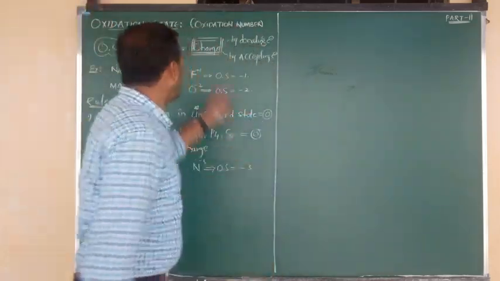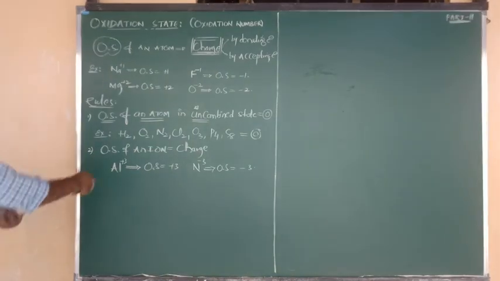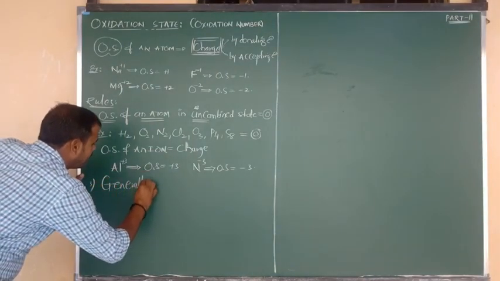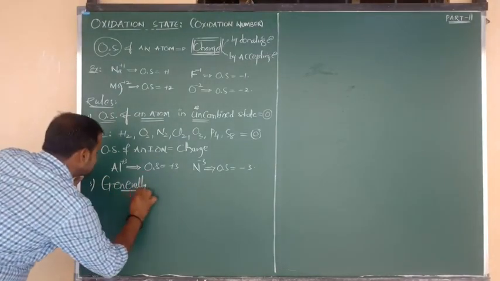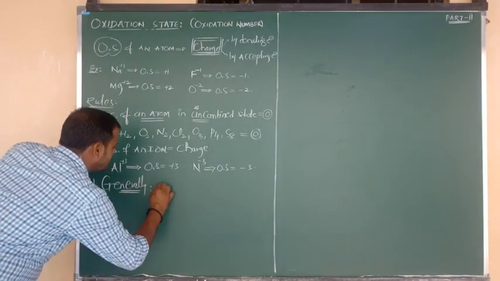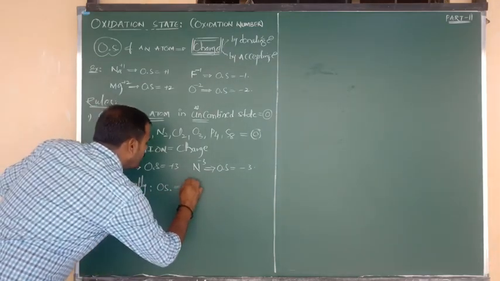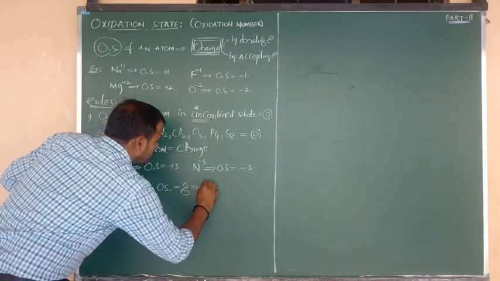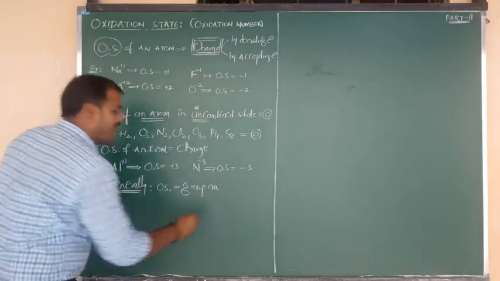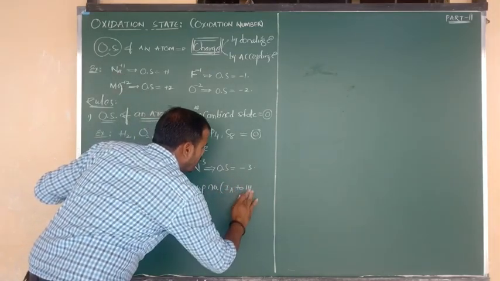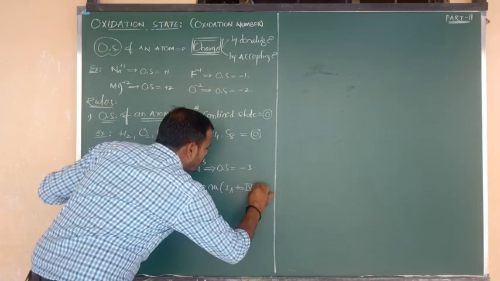But here, how to calculate the oxidation state? Generally we can decide the oxidation state using this formula: oxidation state is equal to group number. This formula is applied only for the first 4 groups, that is 1A, 2A, 3A and 4A group.